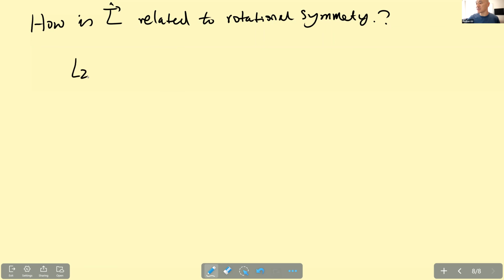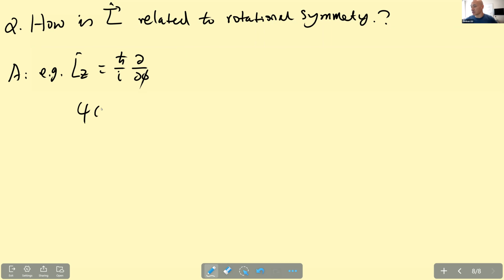So remember, Lz equals h bar over i partial phi. Right. And let's try to apply this to a wave function.